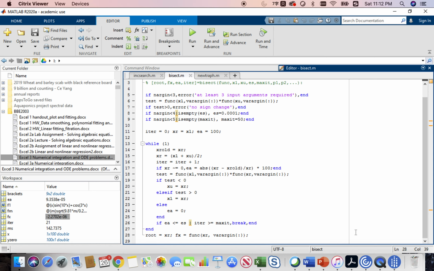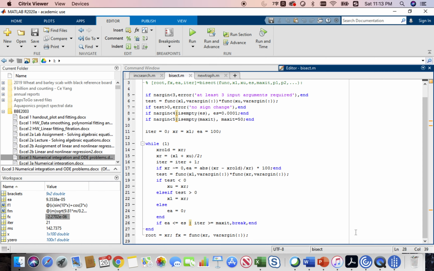Else, if test equals 0, that means we already found the root. In that case, the error is 0. So these are the main commands that we use for finding the root position.